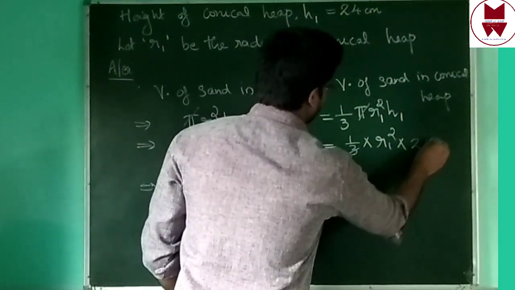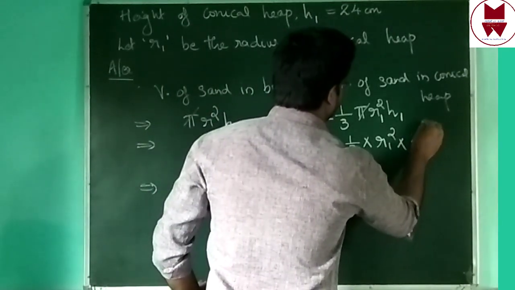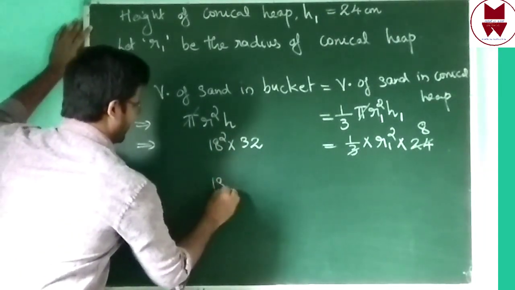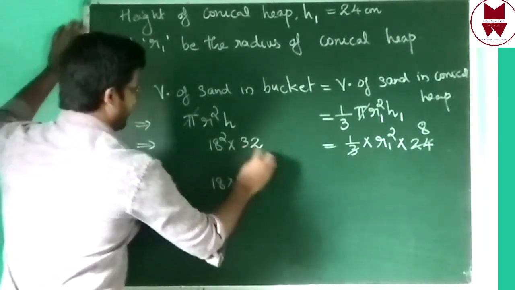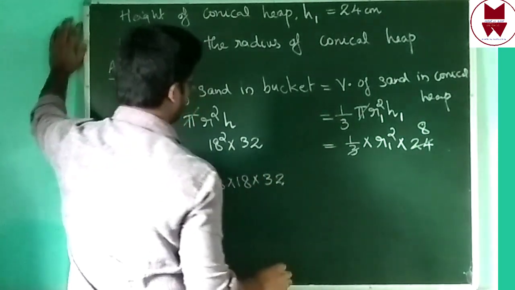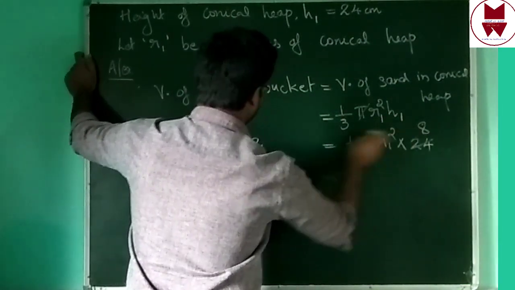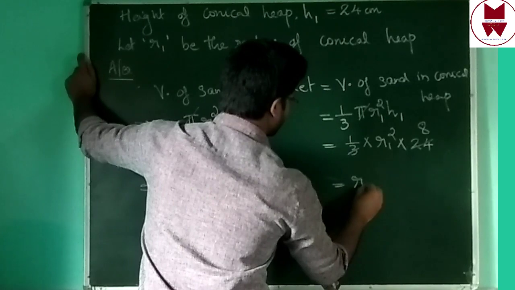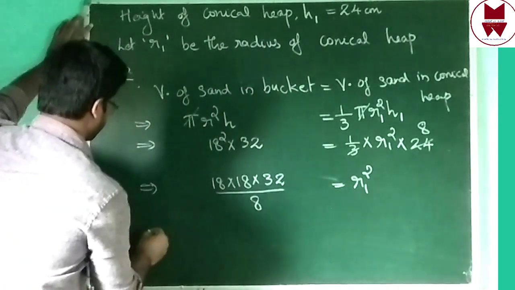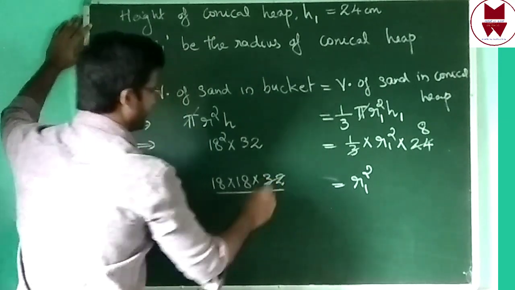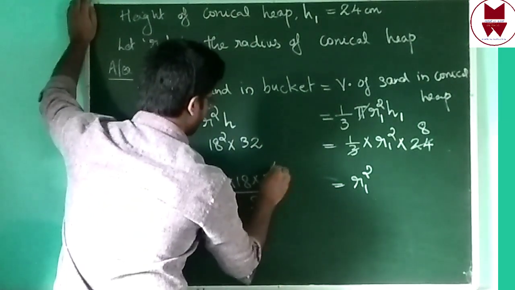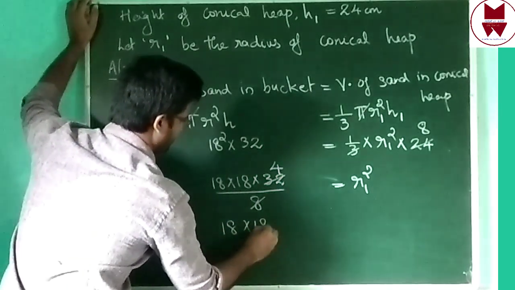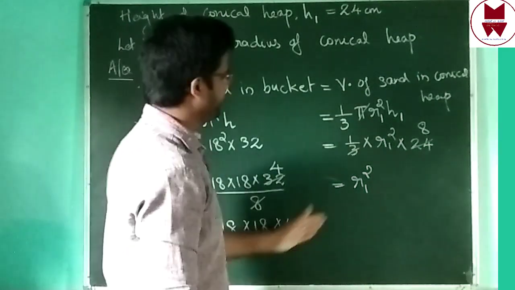The 3 and 24 cancel, you will get 8 times. In 24, 3 is 8 times. So 18 square, we can write 18 into 18, into 32. This 8 bring to the left side, divided by 8, equal to r1 square. This 8 and 32 cancel. In 32, how many times 8? 4 times. Then 18 into 18 into 4 equals r1 square.